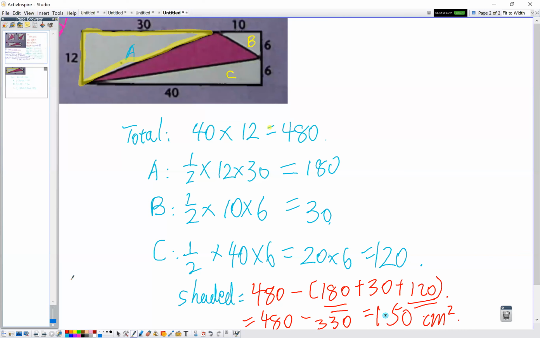This is how you work out this one. This is the one we have done, where we found the area for the irregular shape.